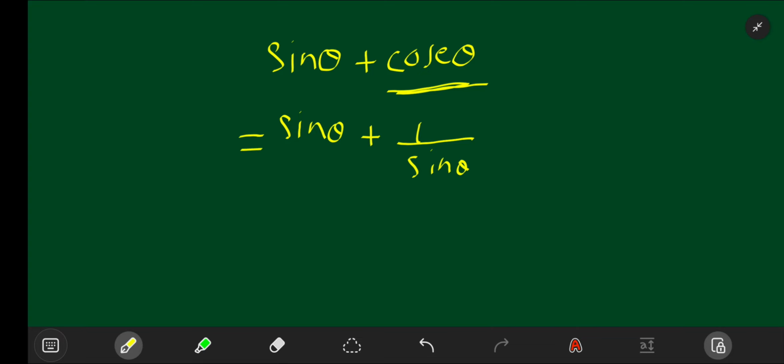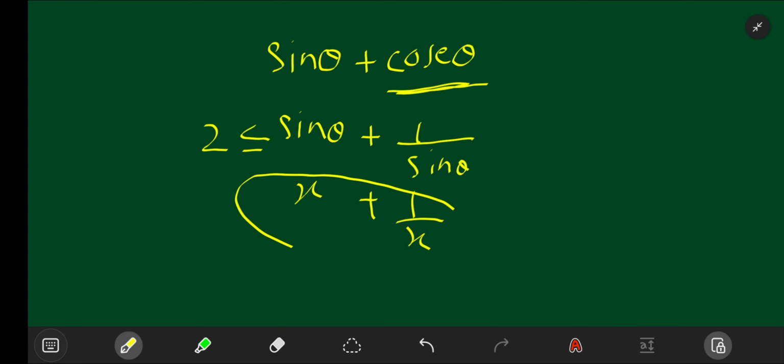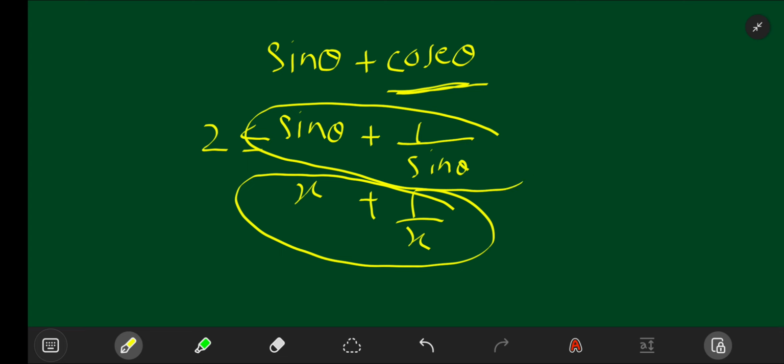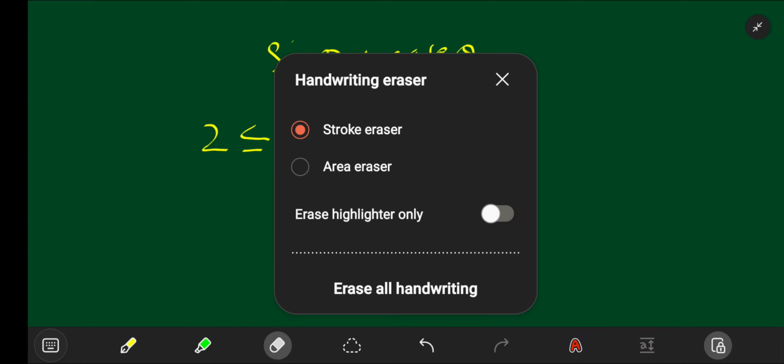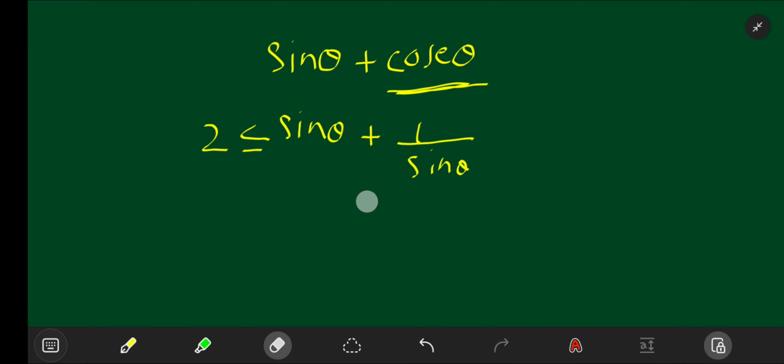So its minimum value is, we already know, 2. This is in the form of x plus 1 by x only, the reciprocal type. So its minimum value is 2.